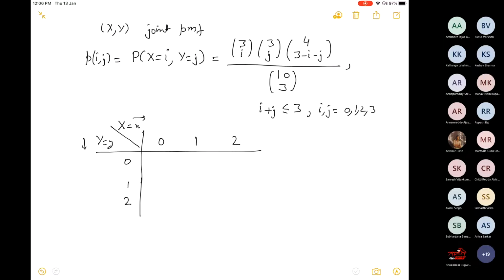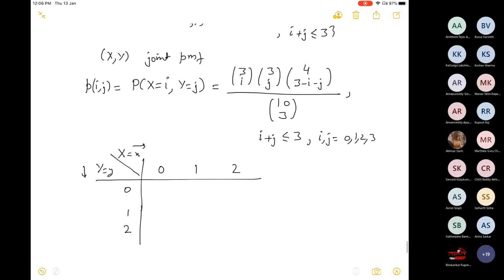Then when (0, 0), it is 3C0, 3C0, 4C3, because out of the assistant professors 3 are selected, divided by 10C3. That comes out to be 2 by 15. Similarly, if we take i as 1 and j as 0, then this is 1 by 15.